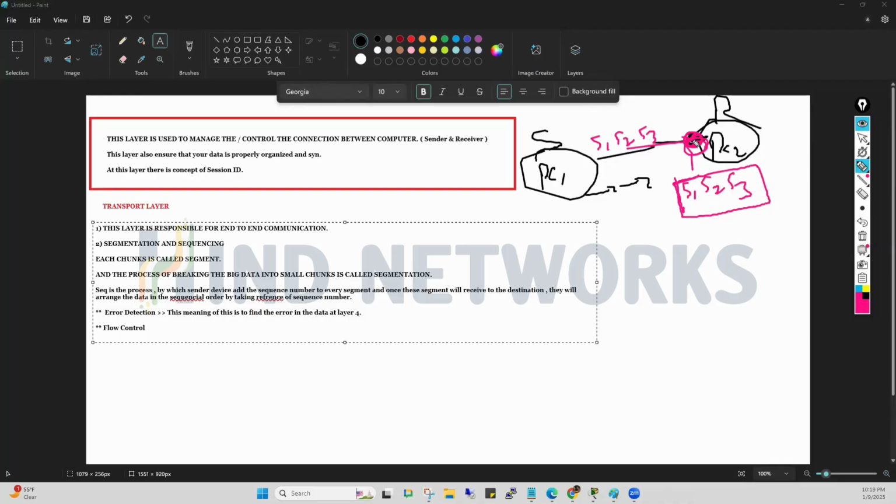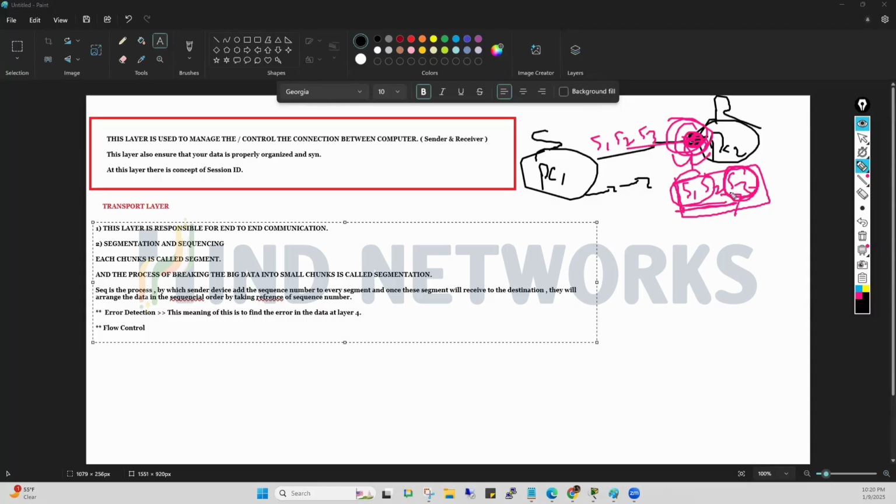For example, the capacity of PC number 2 is to receive or store hardly 3 segments in this interface buffer memory. And already there are 3 segments there. PC number 2 is right now processing segment number 3, and segment 1 and segment 2 are stored here.